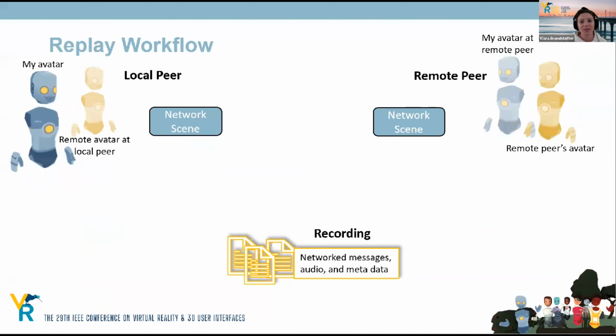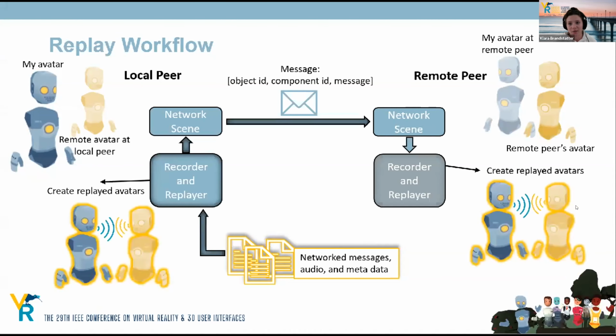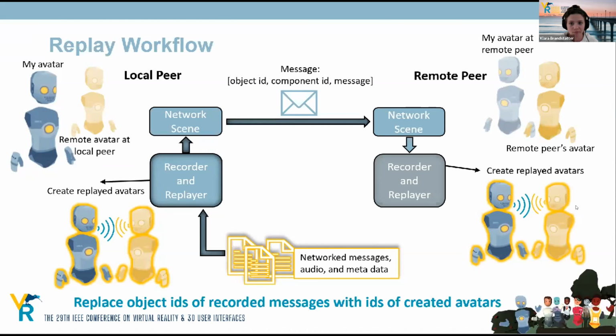So once we have the recording, we want to initiate a replay. First, with the information in the metadata file, we recreate the objects from our recording at the local and the remote peer. And then we need to change one thing, namely the object IDs of the messages, before we can actually replay.